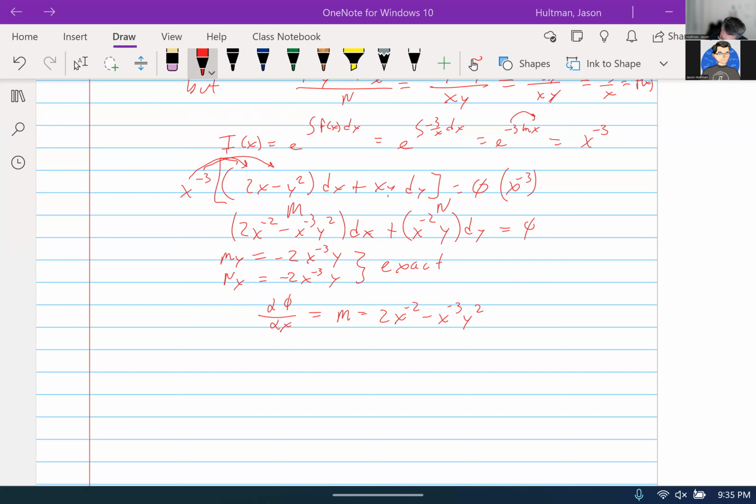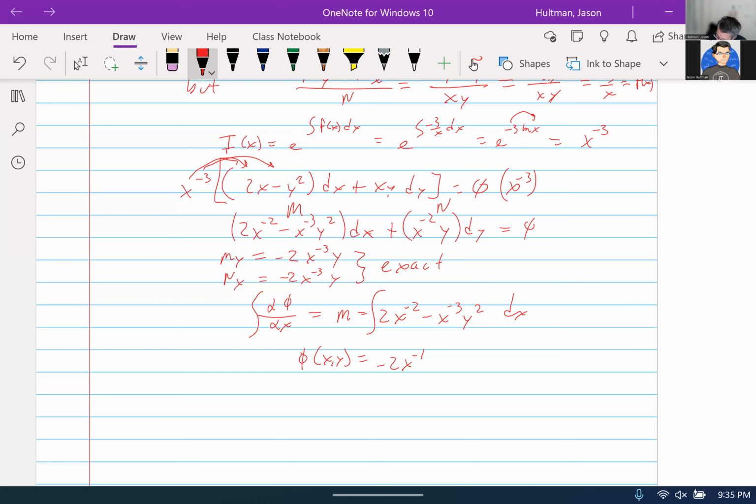I want to integrate this with respect to x. So my potential function in terms of x and y is equal to: add 1 to that power, that's negative 1, divide by negative 1, that's negative 2 x to the negative first power.